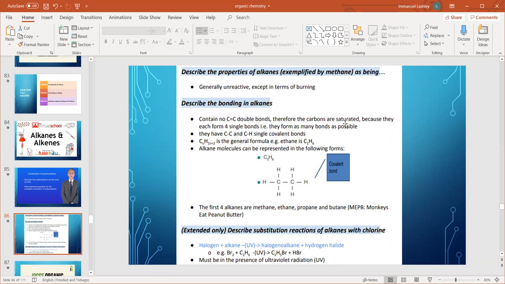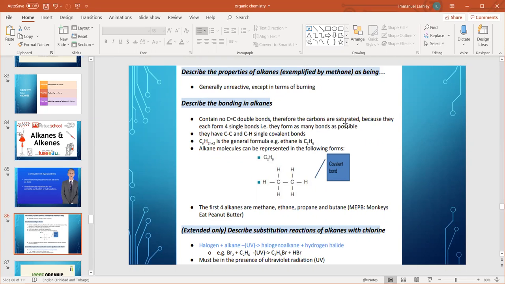They have the general formula CnH2n+2. So for example, if I had ethane, meaning 2 carbons, n is 2, so C2, and the hydrogen would be 2 multiplied by 2 plus 2, which is 2 2s are 4 plus 2 is 6. So the molecular formula of ethane would be C2H6.